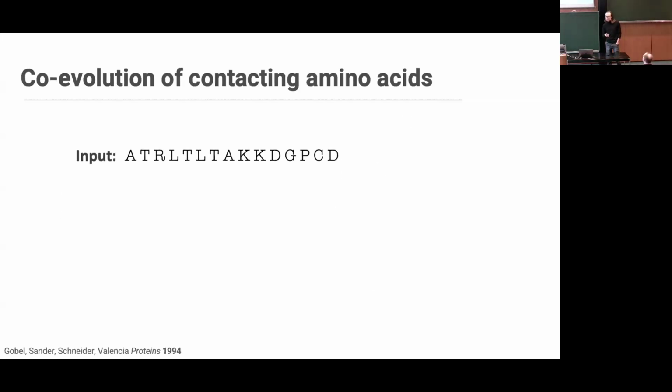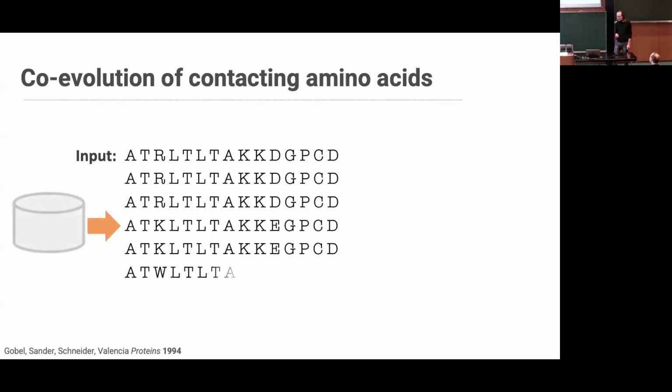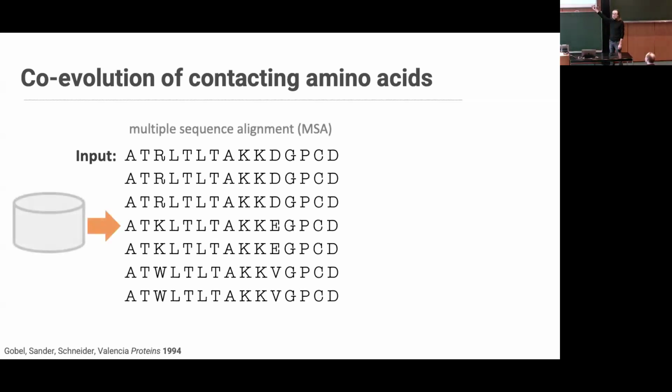Actually, AlphaFold works because of a discovery that was made in the 90s by Sander and other people, who surprisingly didn't get the Nobel Prize. But basically what they discovered is this. If you take a sequence of amino acids, this sequence will also appear with some variations in other organisms, because life reuses the same building blocks, and they evolve, they undergo some mutations. So you can bring from an external data set similar sequences and align them together, right?